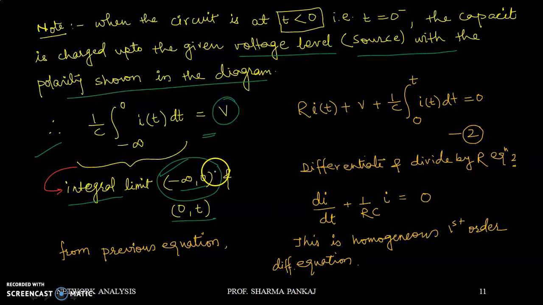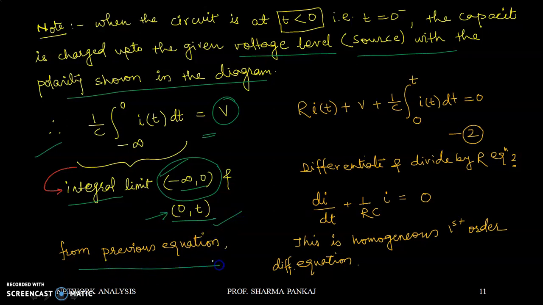We are now considering what happens after t is equal to 0. That is, at t is equal to 0, switch S is moved from position A to B. Suddenly the source is removed from the picture. Therefore, we are now considering what happens for the 0 to t time period.